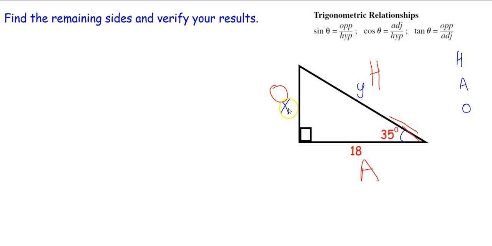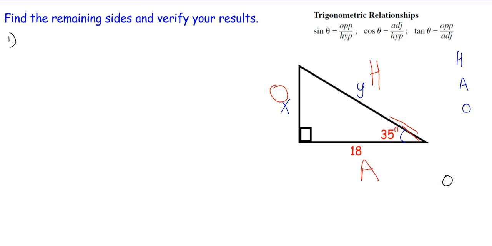So here our task is to find the value of x and y. So we'll do one thing at a time. In the first case, we'll try to find the value of x. And that's our first part. With reference to this angle 35 again, what is x? That is your O, the opposite side. And what is given to us already?